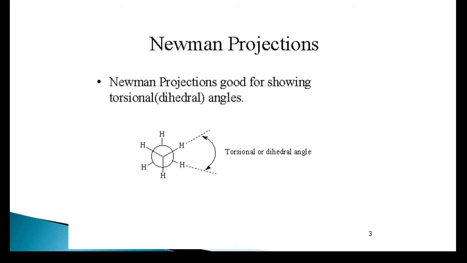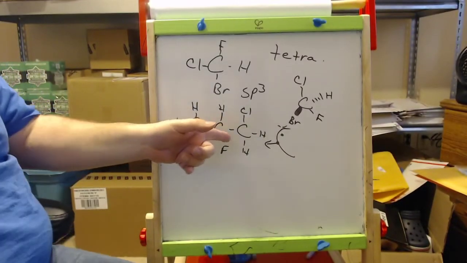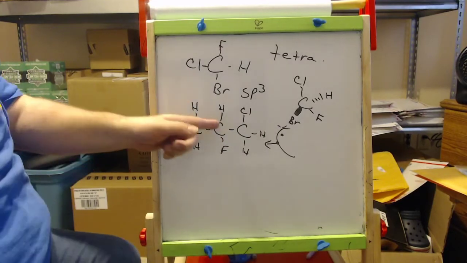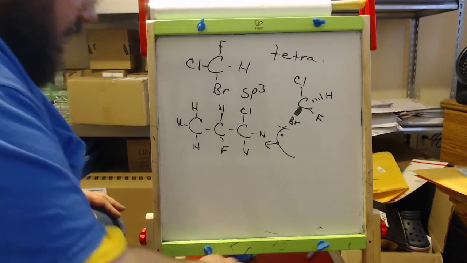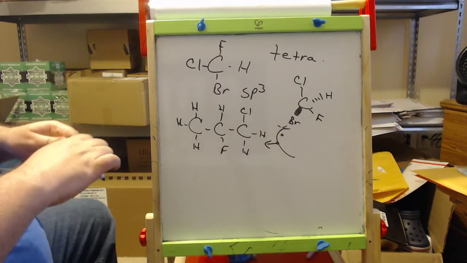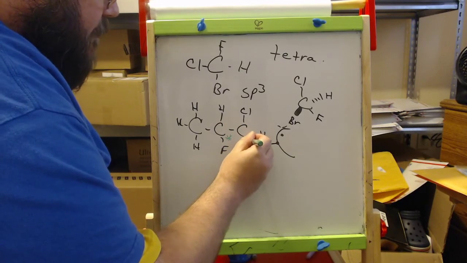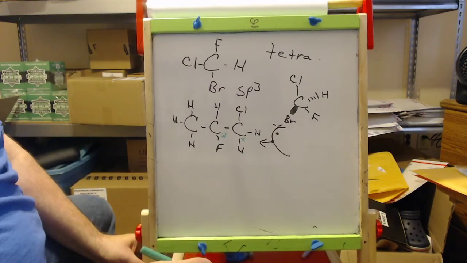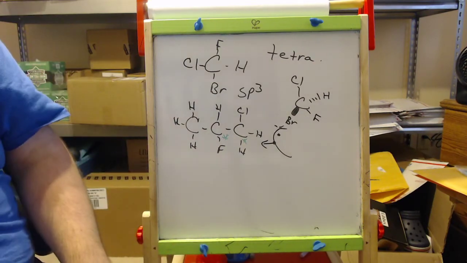Okay? So, here we go. You pick 2 carbons in the chain. Which way are we going to look? We're going to look at these 2, so we're going to represent these 2, and I'll even star them for you. And here's how you do a Newman projection. Very simple, straightforward.